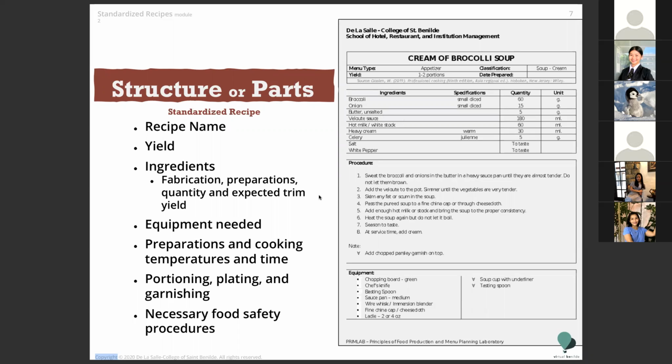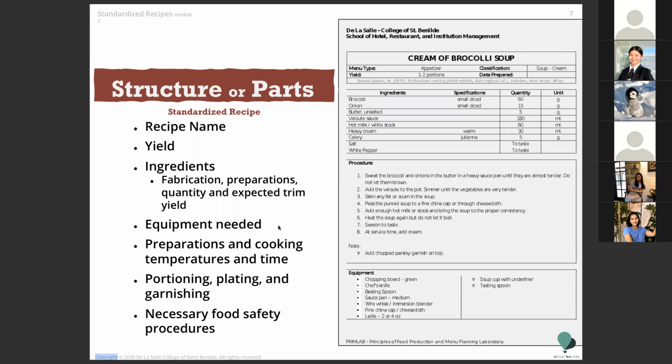It also specifies the preparation, which means the procedure and how you're going to prepare or cook the cream of broccoli soup. So it says here, sweat the broccoli, add the velouté, skim. At service time, add the cream last. It also says there as a note, add chopped parsley for garnish on top.